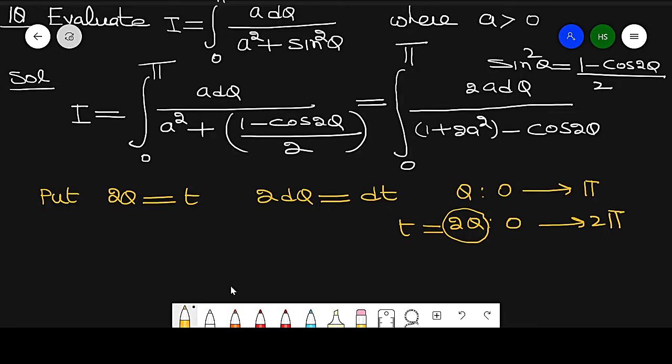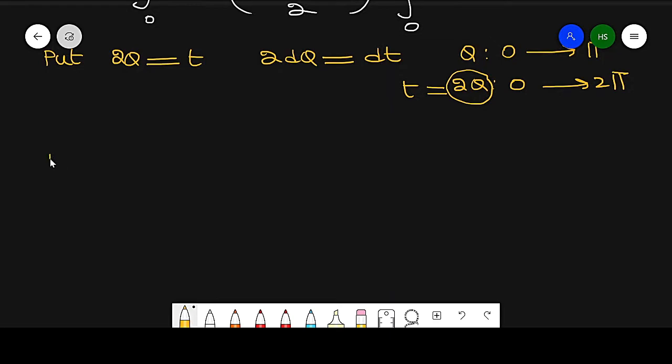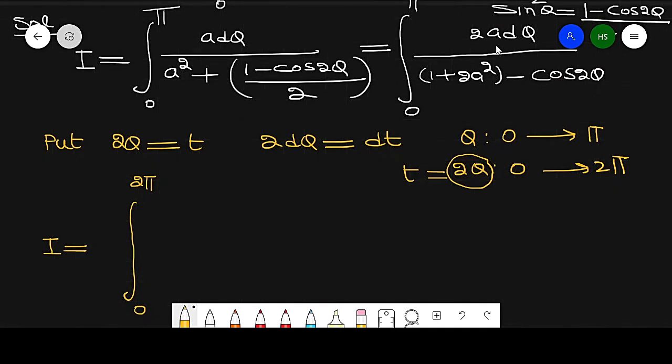Now substitute this value, then the integration I becomes the integral from 0 to 2 pi, and 2a d theta is a dt, so this value is a into dt over 1 plus 2a square minus cos of t.